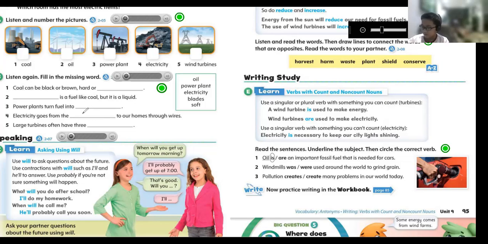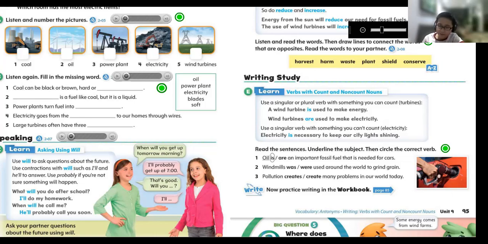Can you count your hair? No, I can't. How about rice? Can you count the rice that you're eating? No. How about water? I can't count water. Okay, so those are examples of non-count nouns, meaning you cannot count them.